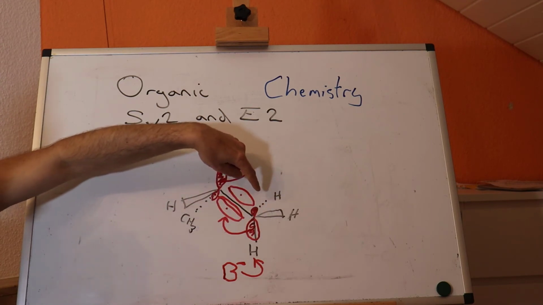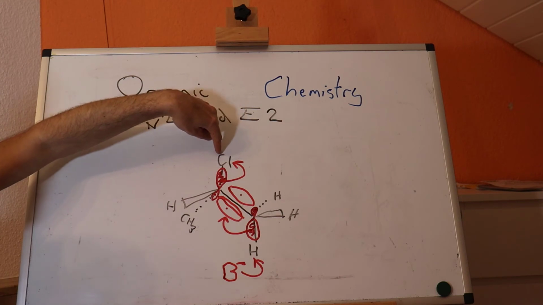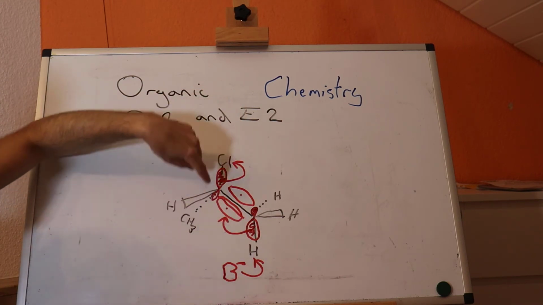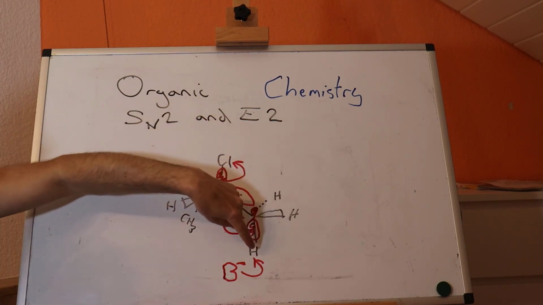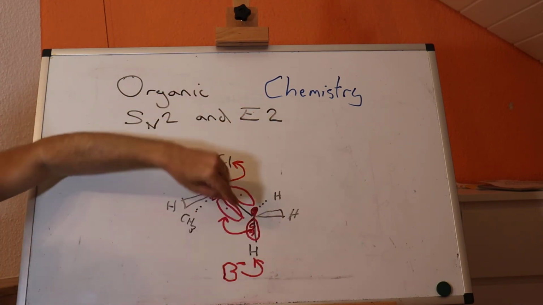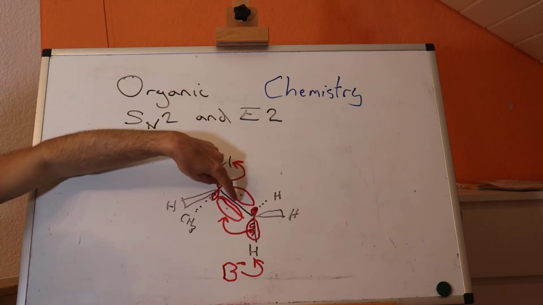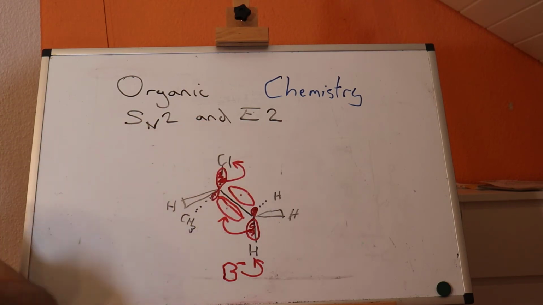Syn would be on the same side. So this hydrogen is syn to this chloride. This hydrogen is anti to this chloride. But in simple terms, it's the one that is flat and on the opposite side, because we need to have orbitals that will generate this double bond, one on each side of the single bond.